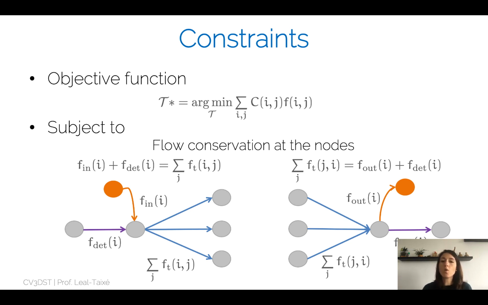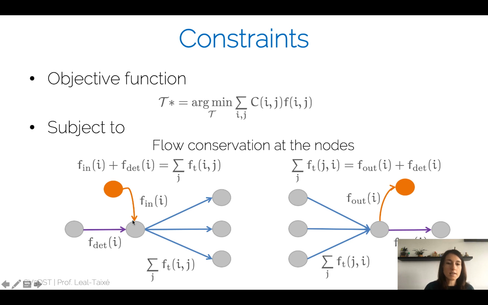So we cannot have all nodes connected to all nodes, but there needs to be actually an order in the connections. And this is what is called the flow conservation at the nodes. So essentially what we need to have is that all the flow that is going into a node sums to the flow that is leaving the node. So essentially here what we have on the left is the case for which we have this detection i, and we have a series of connections that are leaving the detection for the next time frame.